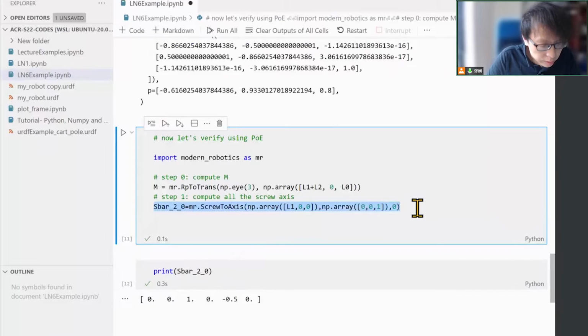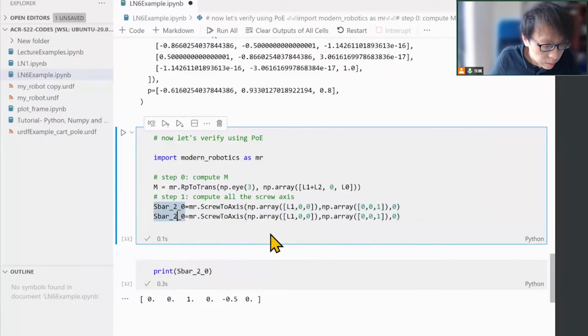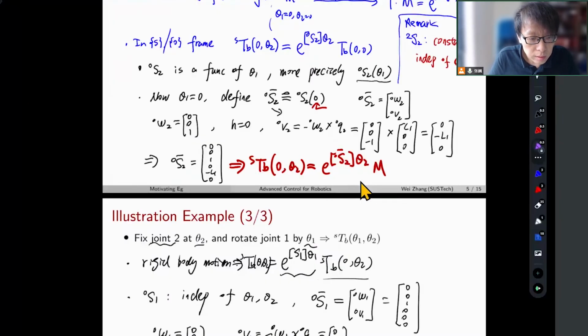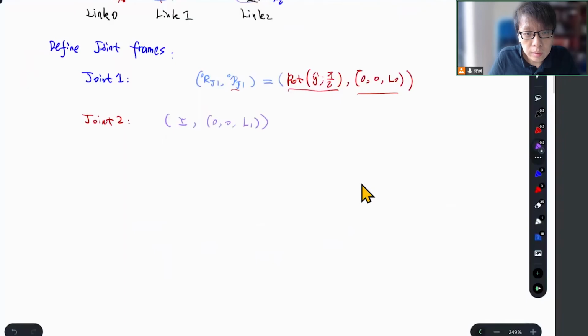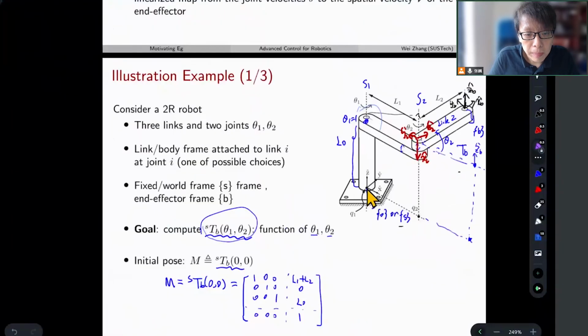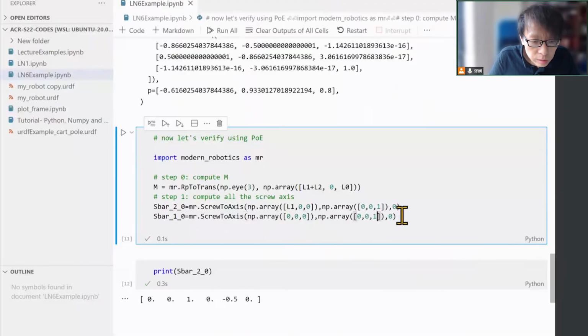Similarly, we will do this again for S bar 1 in 0. Q1 is here, 000, and the direction is the same.